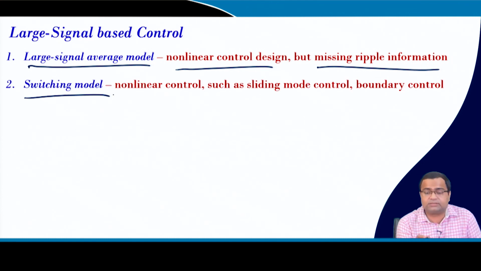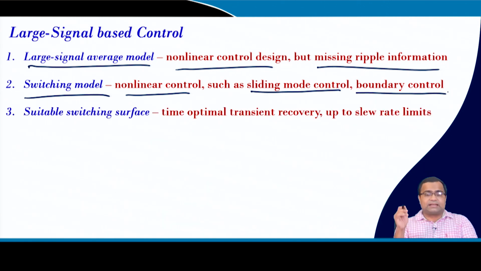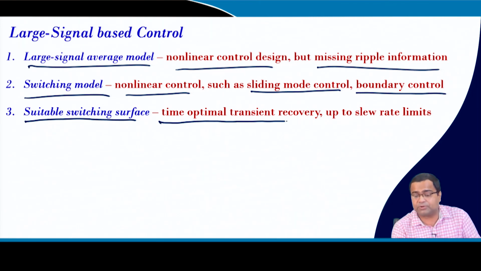So, for the switching models we can use nonlinear control such as sliding mode control and boundary control, and we can reach up to the fastest switching surface control, time optimal control. Then the suitable switching surface for such control is very important to achieve time optimal recovery up to the slew rate limit.